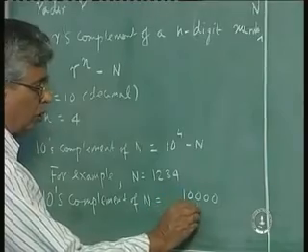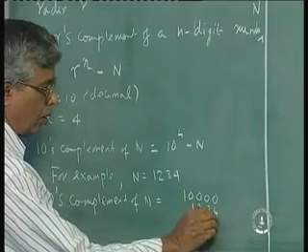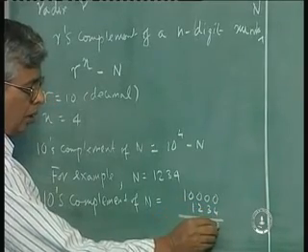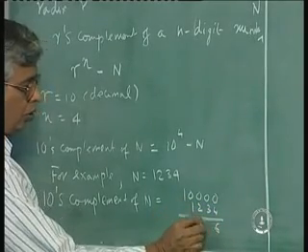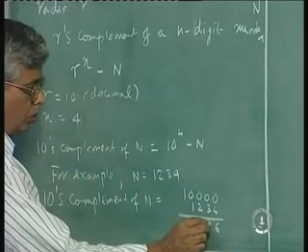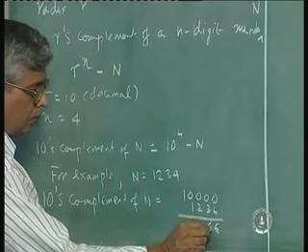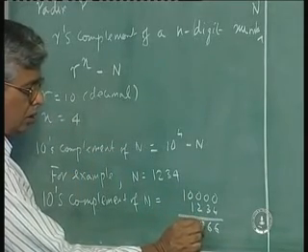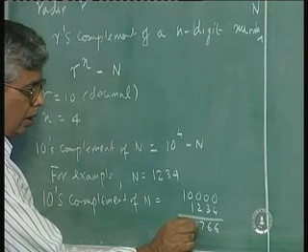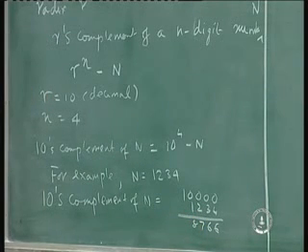Subtract 1, 2, 3, 4 from this. How much is this? 6, then 6 again, then 7, then 8. It is 8766.